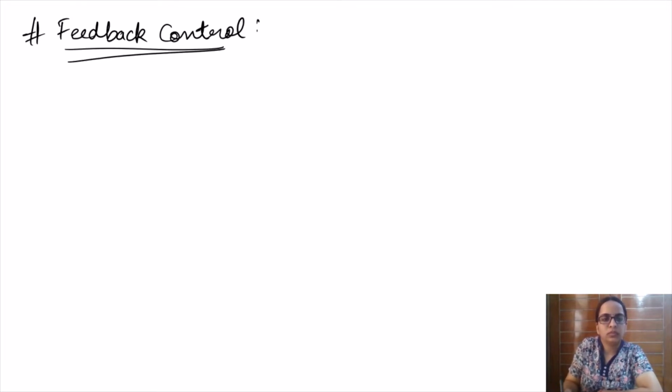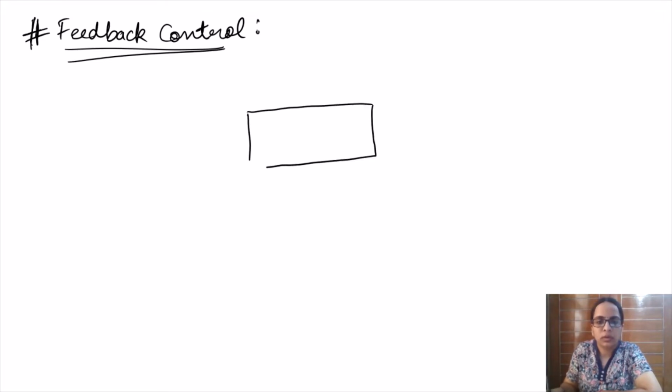Feedback control is one which gets an input from your output stream, right? So what is its structure? This is your system. There is an output.